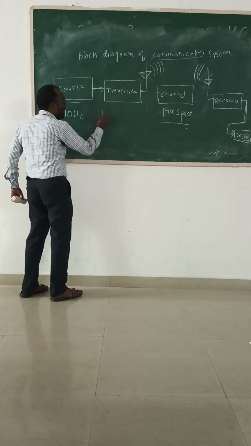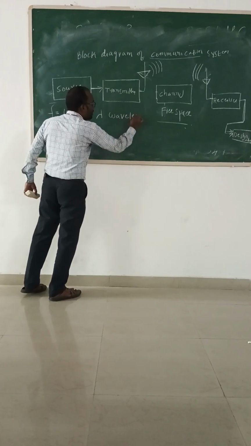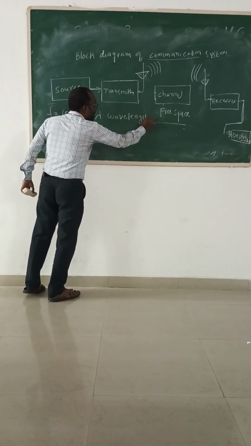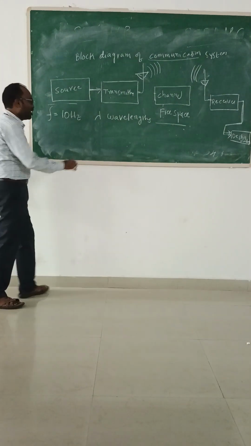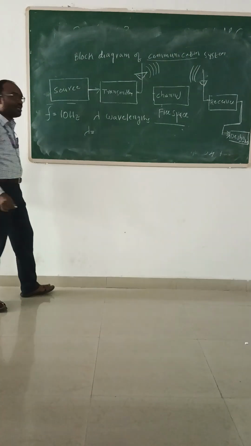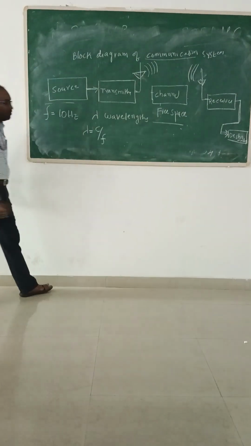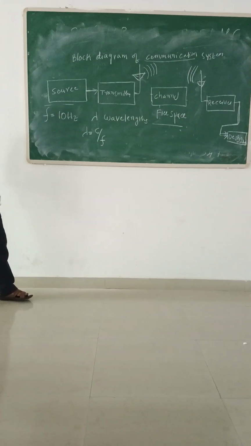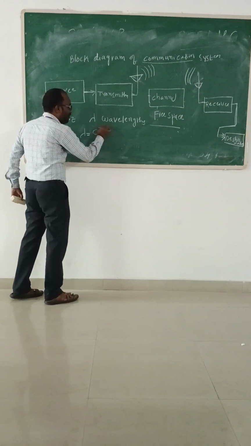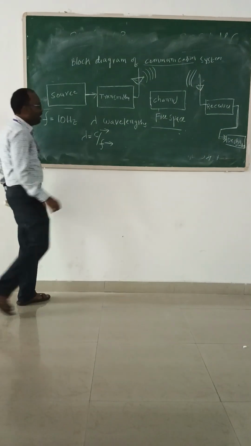Generally the height of the antenna is measured in lambdas, that is the wavelengths. There is a relation between the wavelength, frequency and speed of light: lambda equals c by f, where c is the velocity of light and f is the frequency of the signal, right?